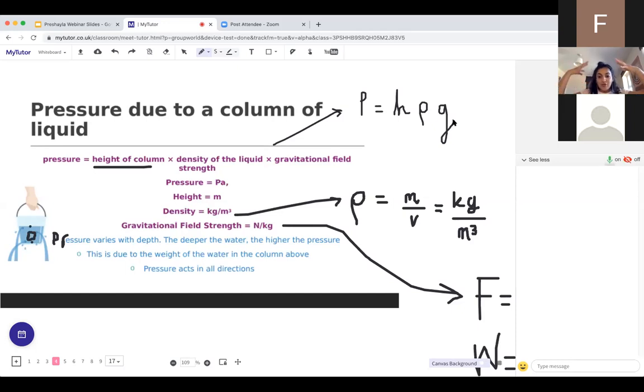It's the strength of the force that acts downwards on us all the time, which is called gravity. And because it acts downwards on us all the time, it produces our weight. That's where gravity really comes into effect.